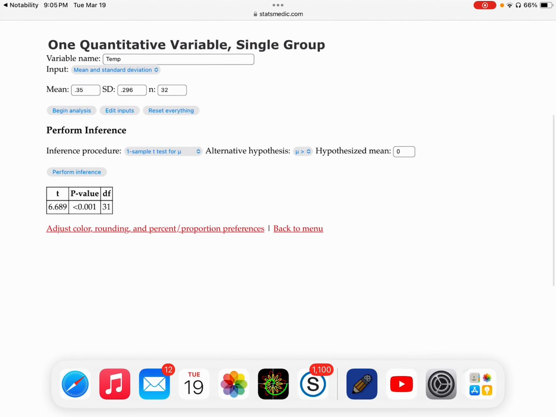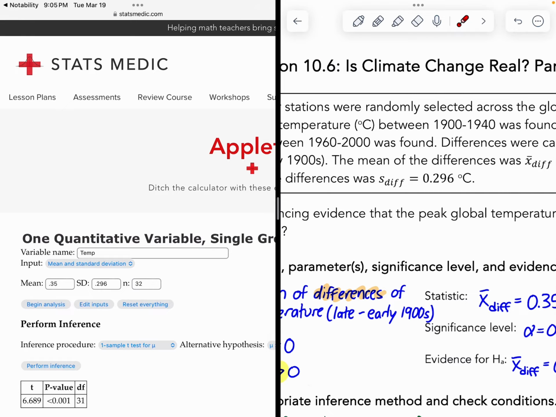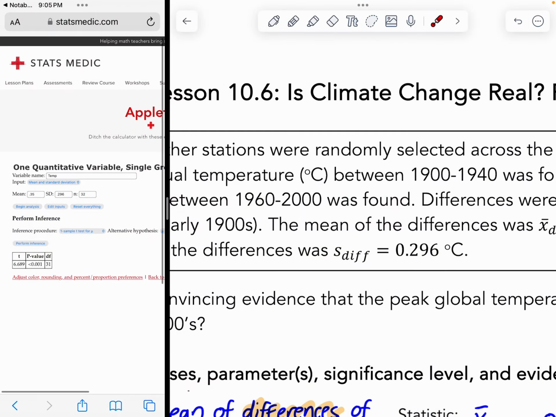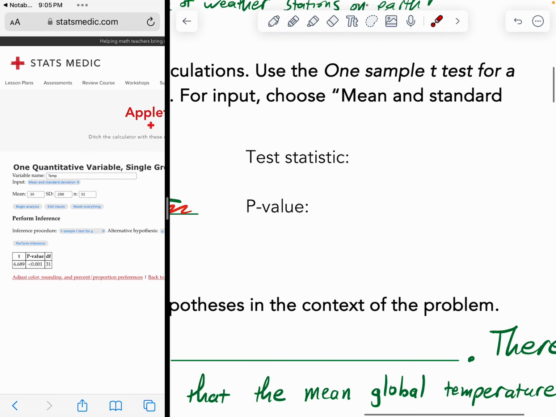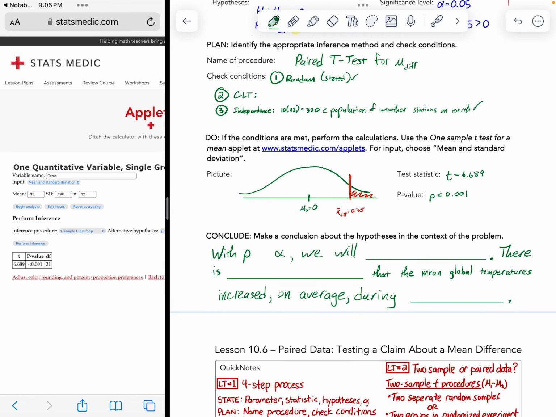So let me transfer this over. Test statistic, 6.689. P-value is less than 0.001. You could also do this on the TI-84 and you'll get similar values. So, because my p-value is less than alpha, it's practically 0, we are going to reject the null.